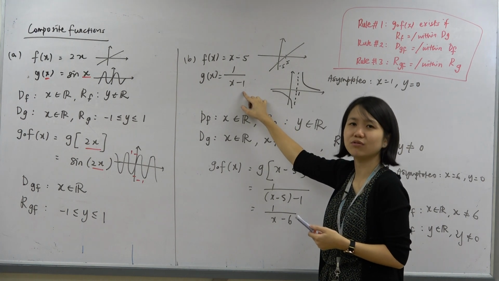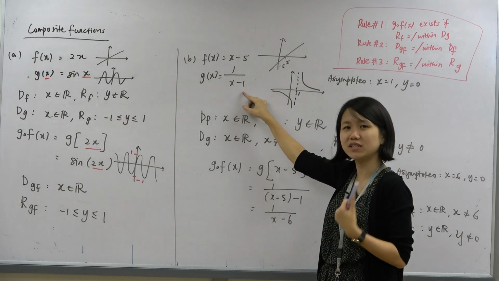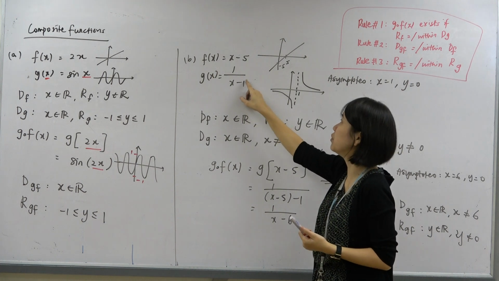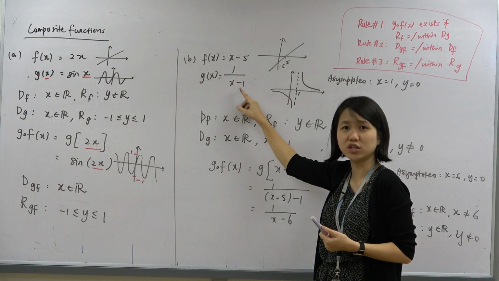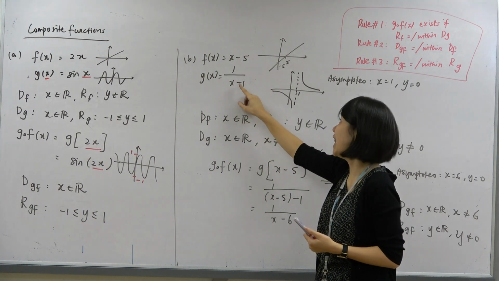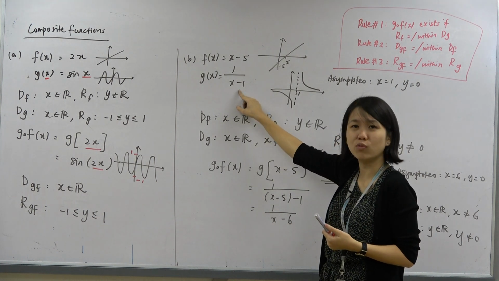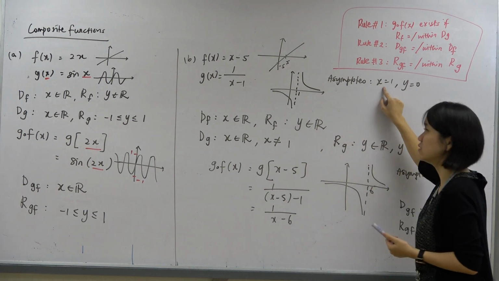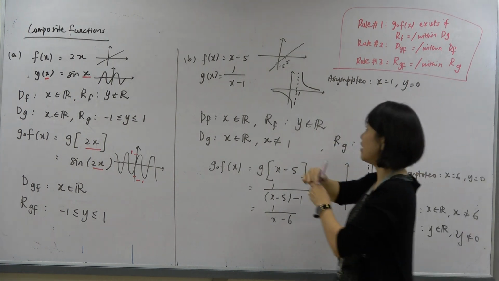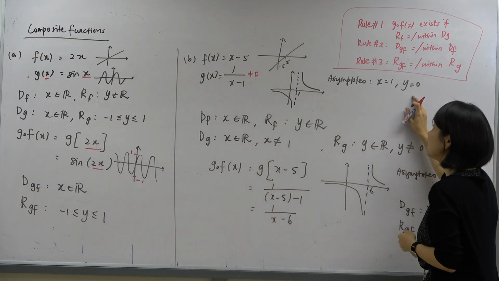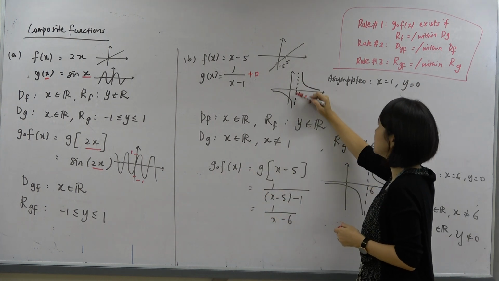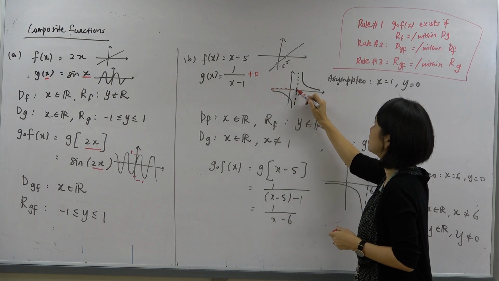You must first tell me what your asymptote is. How do I tell the asymptote? The moment a fraction has denominator 0, the fraction wouldn't be valid. Hence x cannot be 1, and therefore x equals 1 is the asymptote. And there is a plus 0 over here, do you recall? Hence y equals 0 is another asymptote. So put your asymptotes first, x equals 1 and y equals 0.